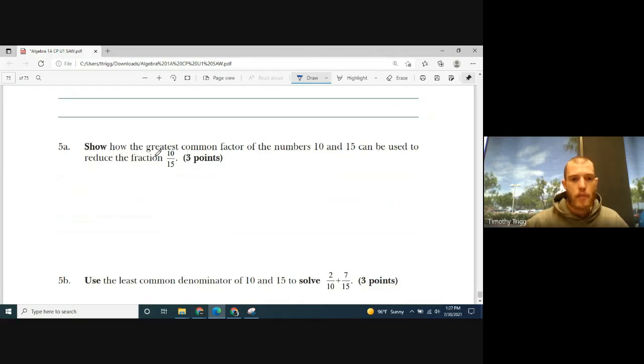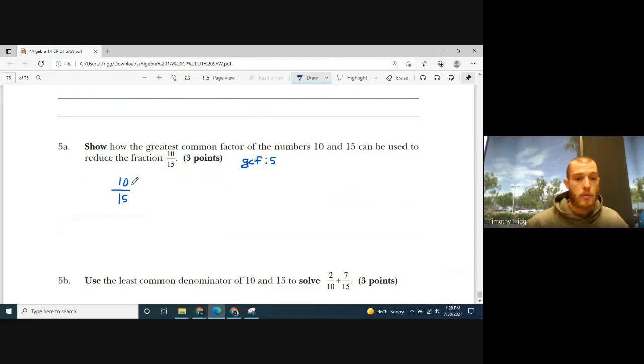5a. Show how the greatest common factor of the numbers 10 and 15 can be used to reduce the fraction 10 over 15. So for 10 and 15, the GCF is 5, because I can divide both of these numbers by 5, and 5 is the largest number, the greatest number, that you could divide them both by.